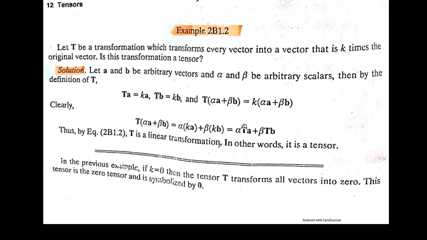Suppose that we have vectors a and b and arbitrary scalars alpha and beta. By definition, T of A is equal to k times A. That transformation T is transforming this vector A into a vector which is k times the original vector.